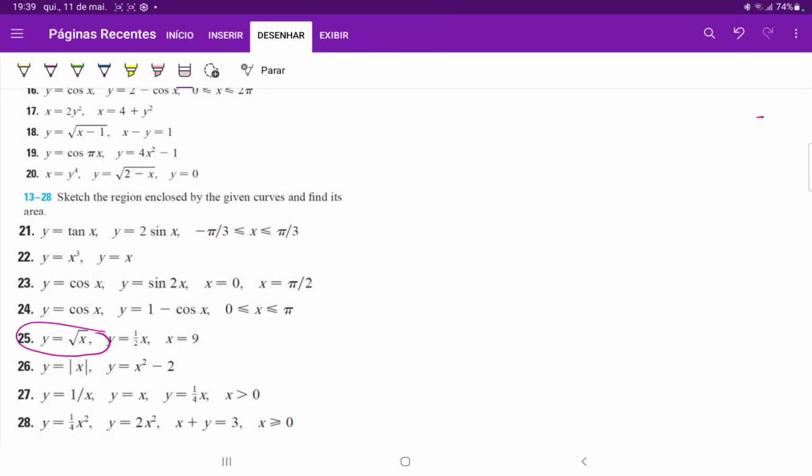So for number 25, I do want to draw these curves and see the area between them. So let's begin with drawing our square root of x. We'll just draw our axis, and that is 1, 2, 3, 4, 5, 6, 7, 8, 9. 1, 2, 3, and so on.